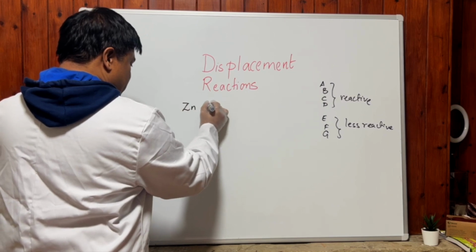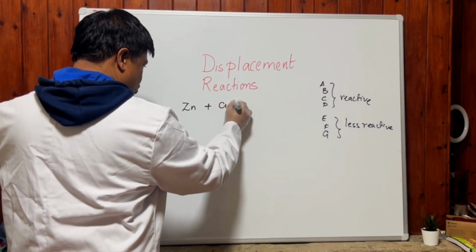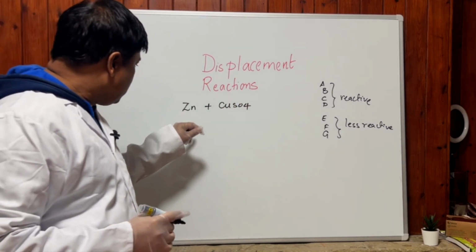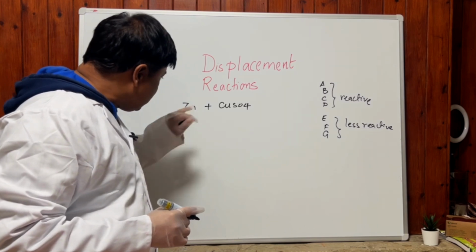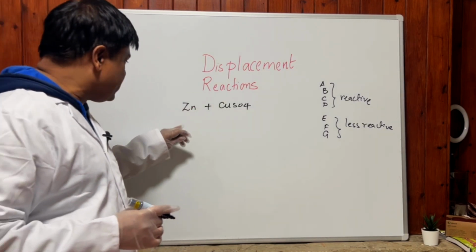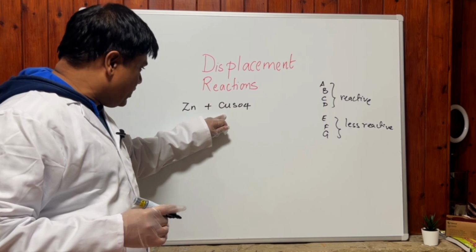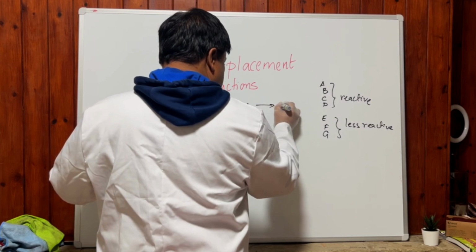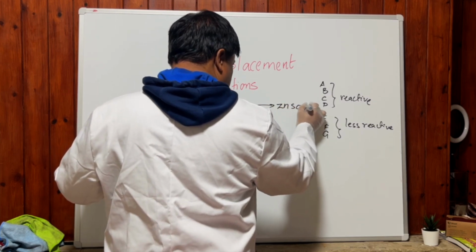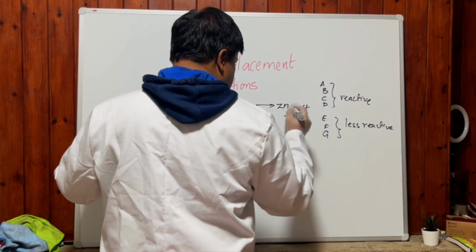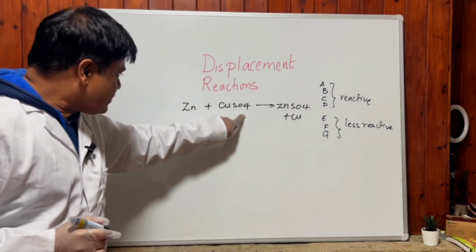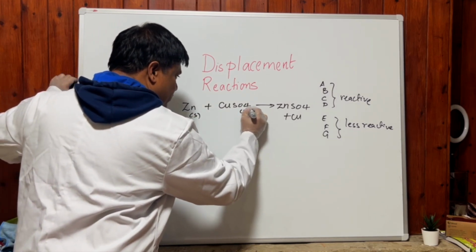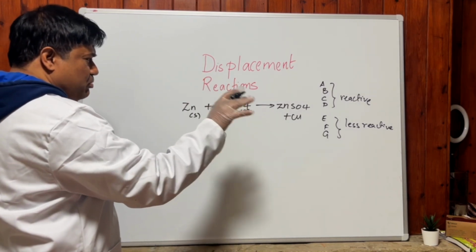Zinc can displace copper. Yes, zinc displaces copper from copper sulfate solution. Zinc is a very active metal. It displaces copper from the copper sulfate solution and forms zinc sulfate plus copper, which gets deposited. Zinc is solid, copper sulfate is in aqueous form, and it is a light blue color solution.